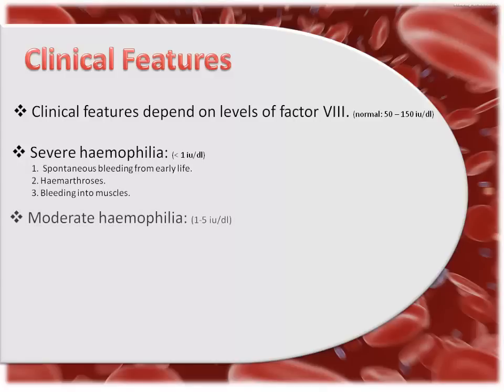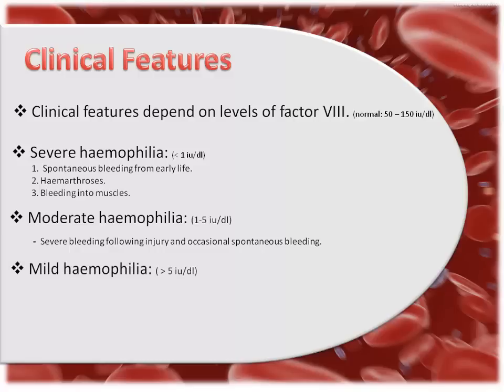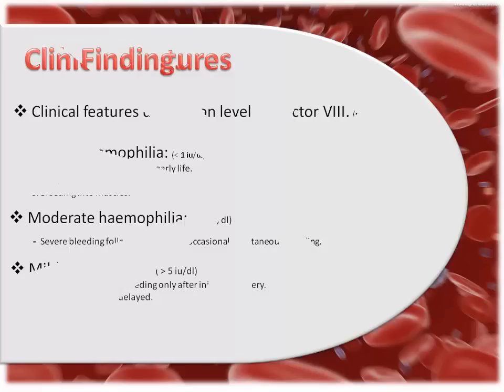Moderate hemophilia is when the level of factor VIII is between 1 and 5 international units per deciliter, and there will be severe bleeding following injuries or occasional spontaneous bleeding. Mild hemophilia is when the level of factor VIII is above 5 international units per deciliter, and in this case there will only be bad bleeding after injury or surgery, and therefore the diagnosis is usually delayed in these cases.